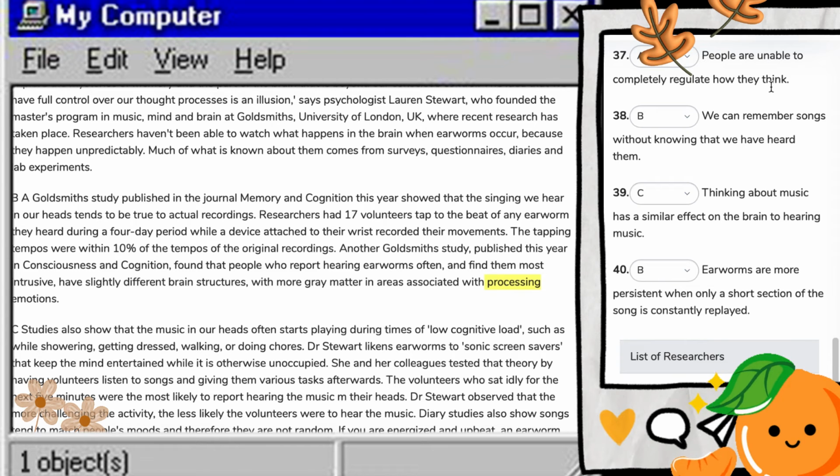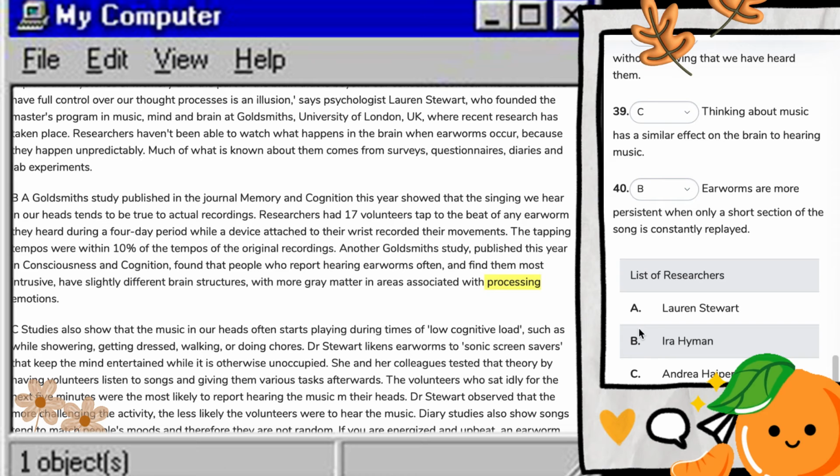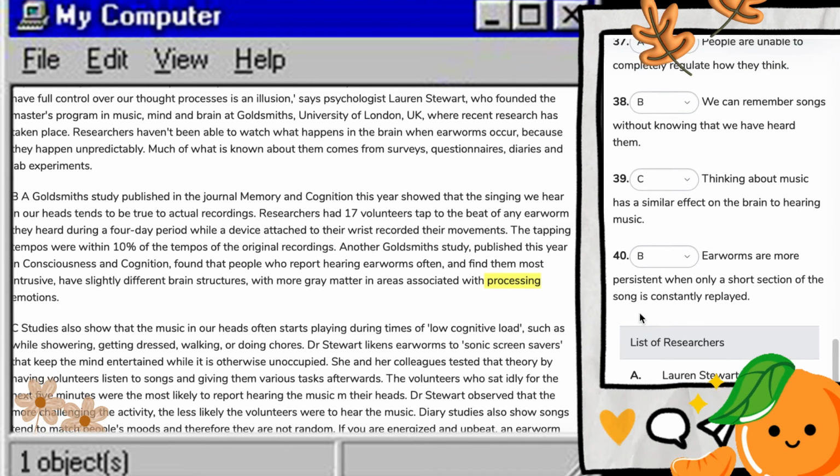So they can't control what they think. That is beyond their control. So we're going to find right here, beyond our conscious control. So who says this? Psychologist Lauren Stewart. Right on, answer A.